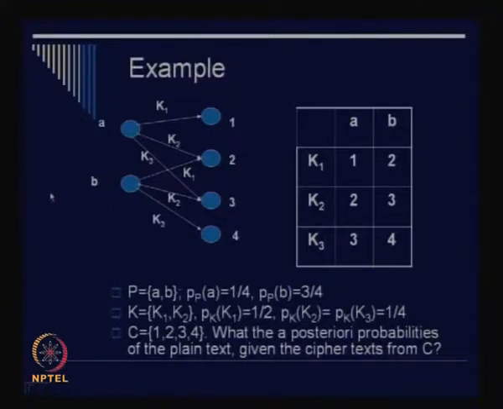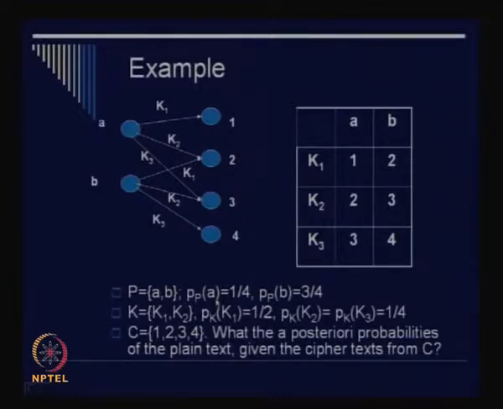Now let us try to understand certain things about what we have just described. Consider that your plain text set P equal to {A, B} has a probability distribution.